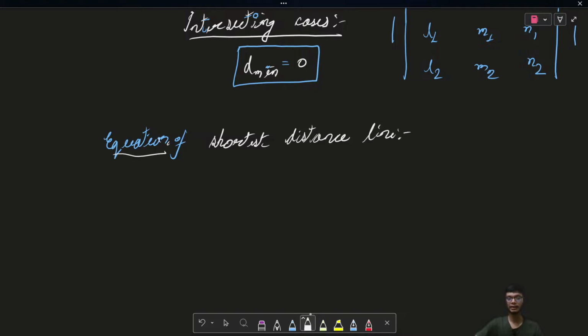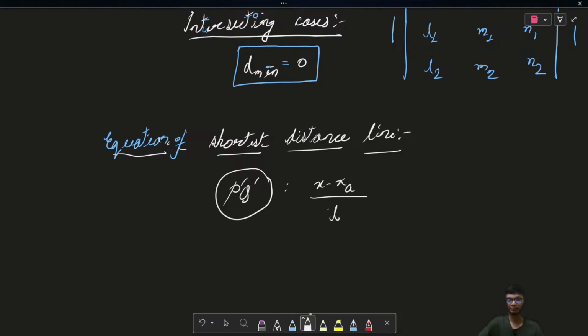what can be easily taken out of this? If I need to find the equation of the shortest line, I can write x minus alpha over a equals y minus beta over b equals z minus gamma over c.